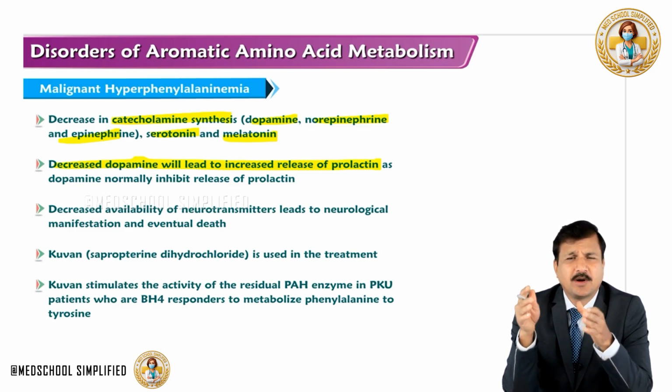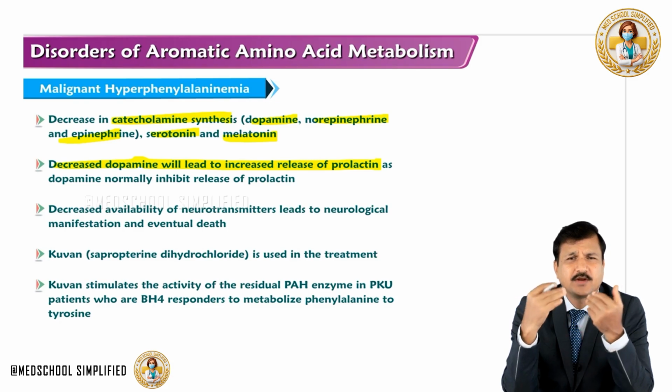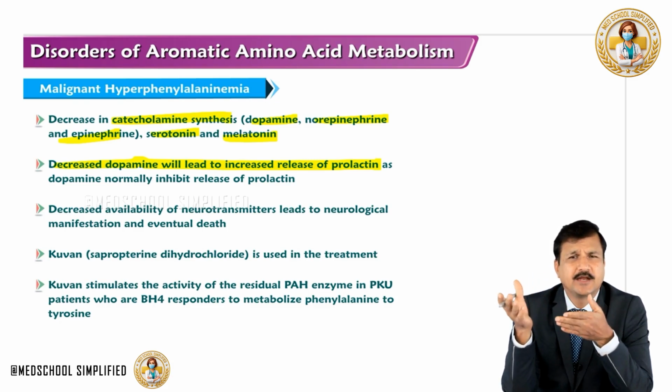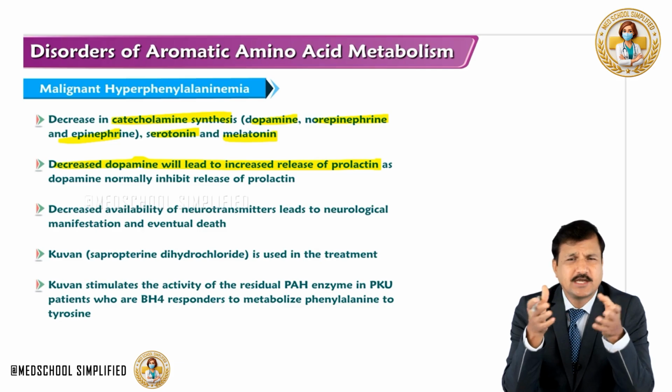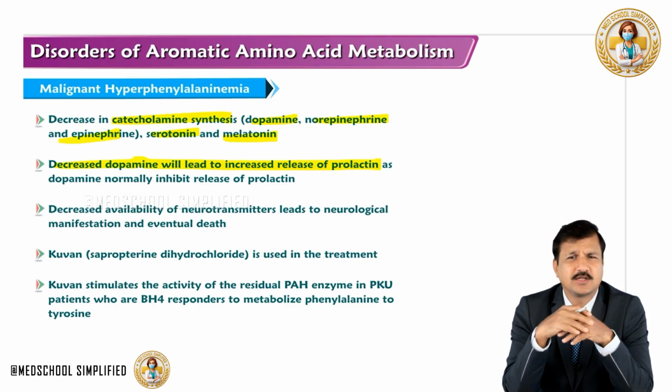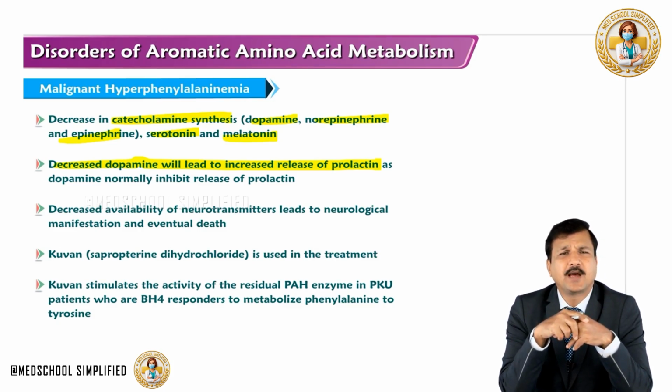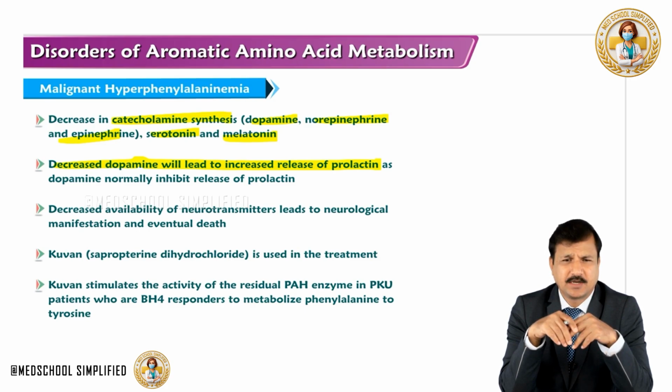Okay, it's not just about phenylalanine not converted into tyrosine, where phenylalanine level increases leading to phenylacetate, phenyllactate appearing in the urine, mousy odor, musty odor, all those signs you will see, but most importantly severe neurological issues because of deficiency of all these neurotransmitters will make malignant hyperphenylalaninemia a malignant disorder of phenylalanine metabolism. How to treat this?